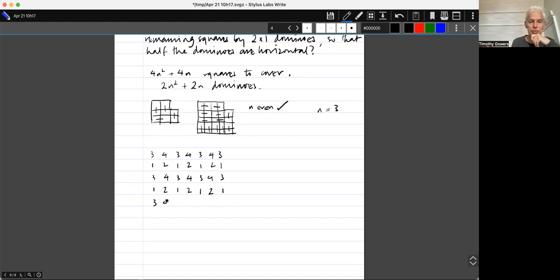I better go down here. 3, 4, 3, 4, 3, 4, 3. How many have I got? 1, 2, 3, 4, 5. So 1, 2, 1, 2, 1, and then up here 1, 2, 1, 2, 1, 2, and then I won't put anything there at all.